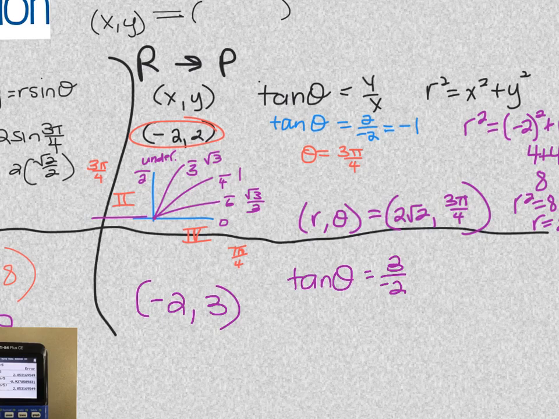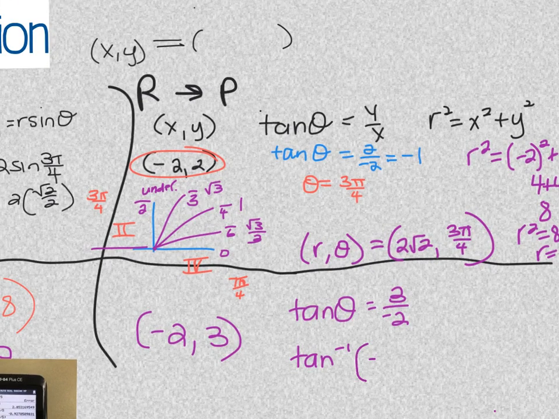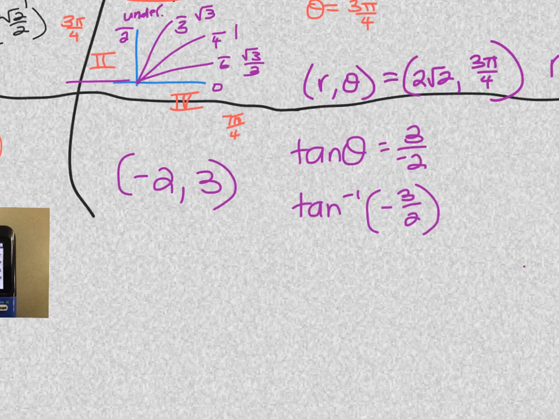If you use scientific, it's actually kind of wrong, but I'll show you what it means. If I do the tangent inverse of negative 3 over 2, I get theta equals negative 0.98.